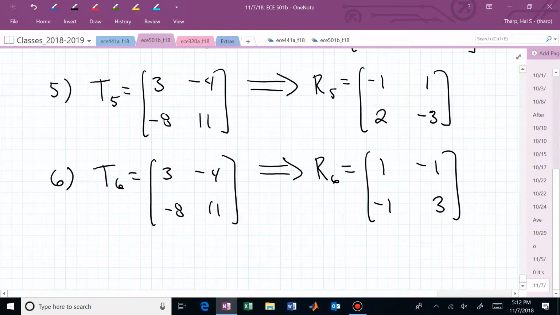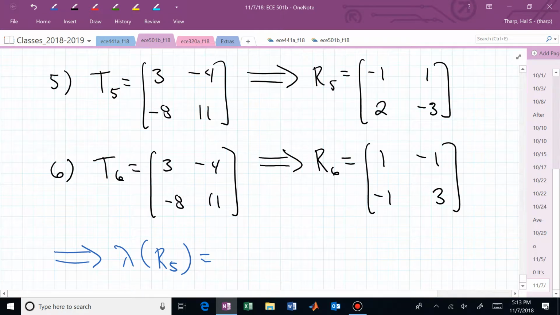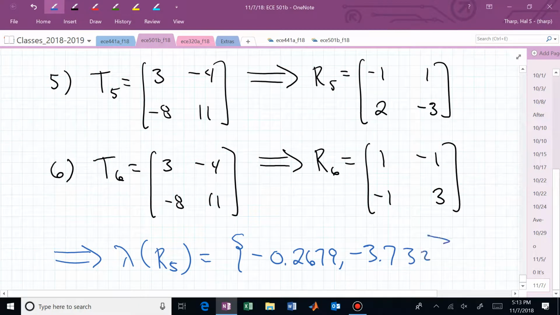And in this case, if you looked at, I hope, if I've not made too many typos, the eigenvalues of R5 are actually minus 0.2679 and minus 3.732.